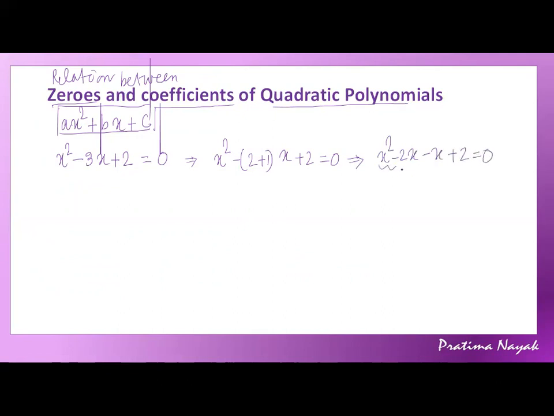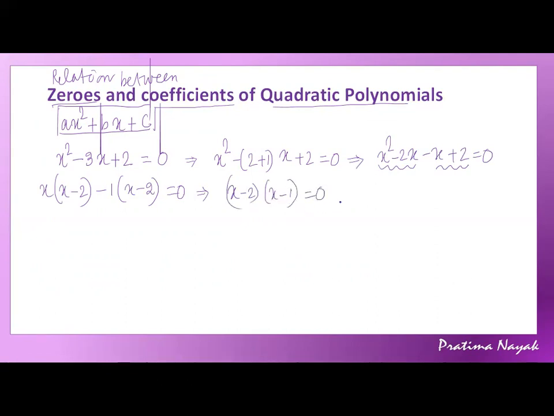Again I'll take x common: x into (x minus 2) minus 1 into (x minus 2) is 0. Again, you have already learned this in class 9, I'm not teaching anything new. So (x minus 2)(x minus 1) is 0.